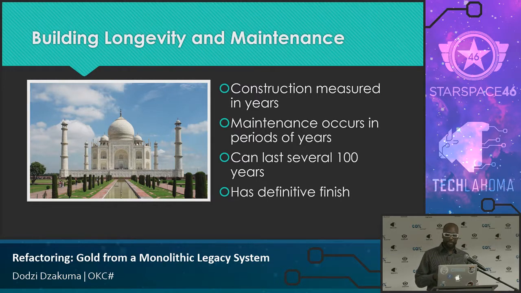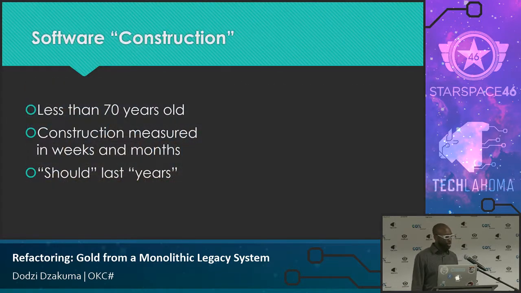Construction projects have a definitive finish. Now, we use this metaphor to talk about our industry, software development. Let's look at software construction. So as an industry, software construction or software development is less than 70 years old, unless you include Ada Lovelace and her calculating machine into the whole thing.